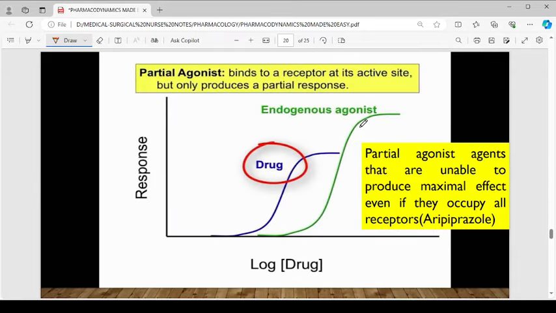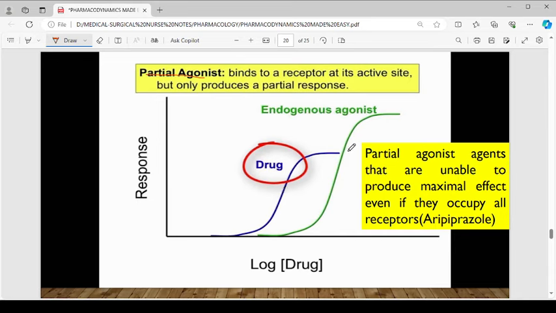Okay, guys. So partial agonist, we say that it will bind to a receptor at its active site, but will only produce a partial response, all right? Partial response. Can you imagine? This is the endogenous agonist. That is how it will do. But if you give a drug that is a partial agonist here, now this is the effect you'll see, okay?